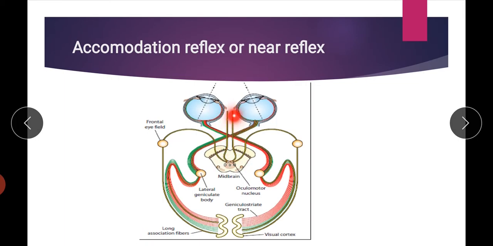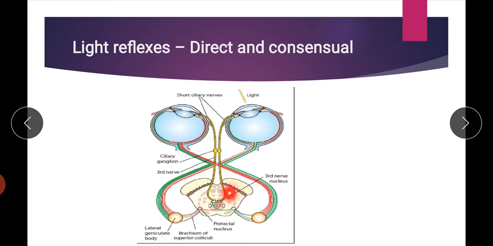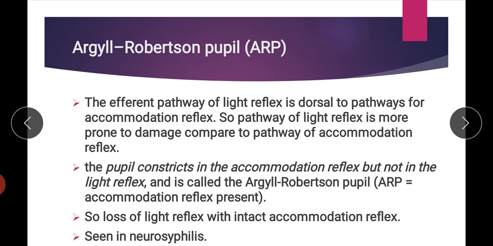You can see that from third cranial nerve nuclei, the postganglionic fibers are the same. This one is for accommodation reflex, this one is for light reflex. But the fibers of light reflex are more dorsal compared to the accommodation reflex. So that's why the pathway of light reflex is more prone to damage compared to the pathway of accommodation reflex.